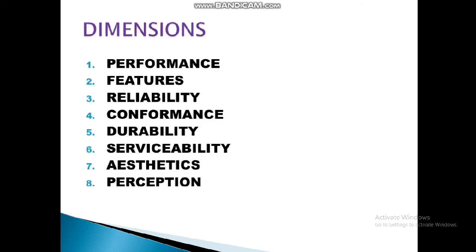The dimensions of product quality are performance, features, reliability, conformance, durability, serviceability, aesthetics, and perception. Performance is often a source of contention between customers and suppliers, particularly when deliverables are not defined within the specifications.